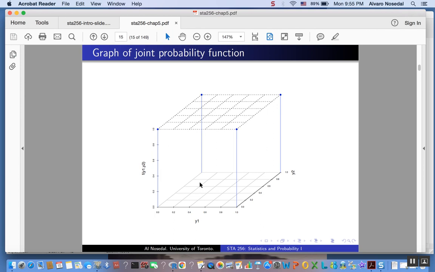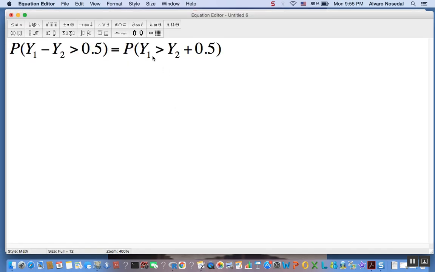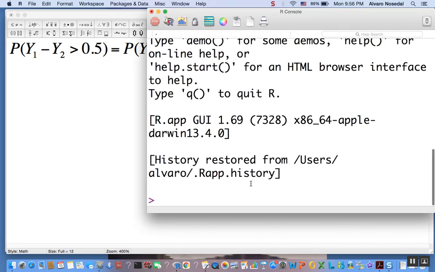But to find the probability that we are interested in, we have to restrict that region to the points that satisfy that y1 is greater than y2 plus 0.5. Now let's try and make a graph of the points that satisfy that, and then we will find the volume in that region. Make sense? To do that, I'm going to be using R to have an idea of what we want.